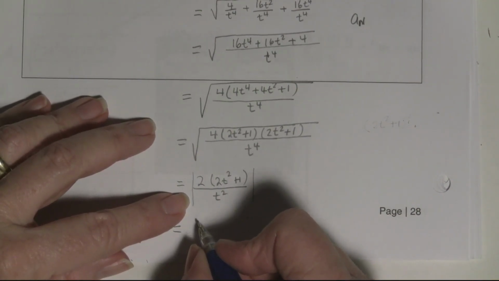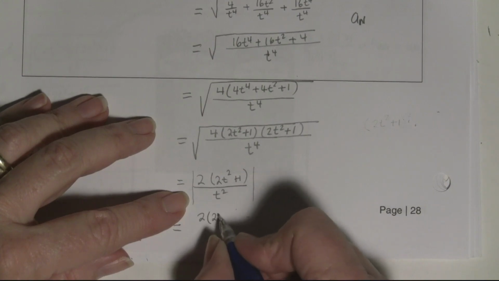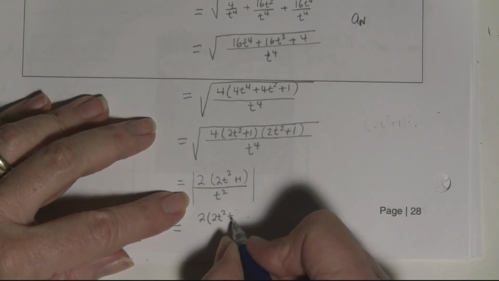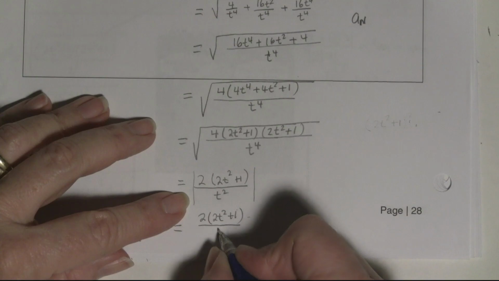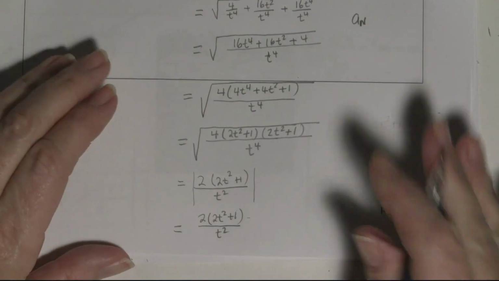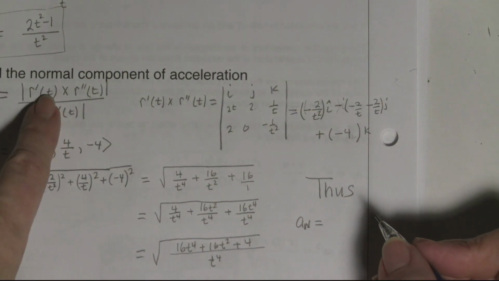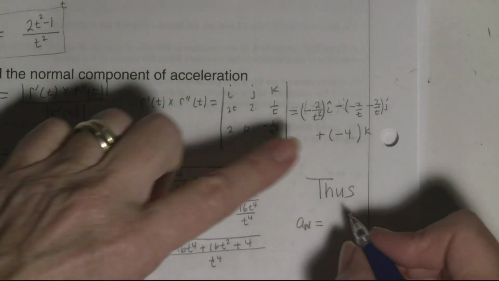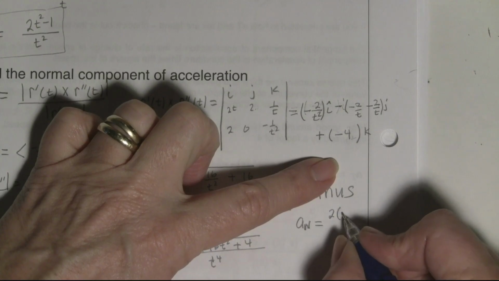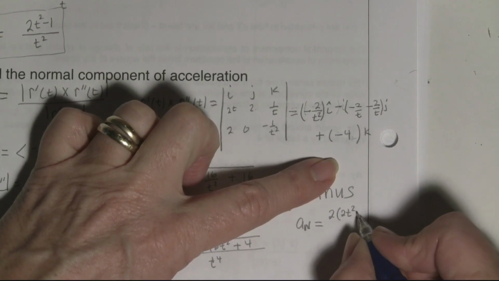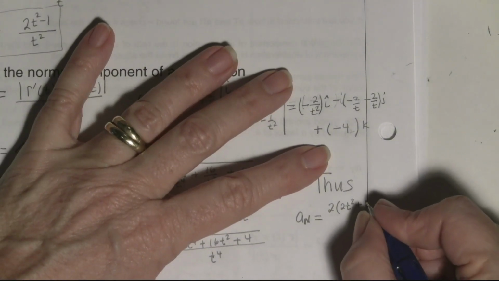This numerator right here is 2 times 2t squared plus 1 divided by t squared. That's just the numerator that we worked really hard to find. And man, we needed more room. Do I have more room on the other side? No, I don't. Okay, sorry.